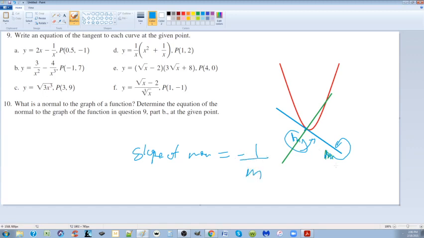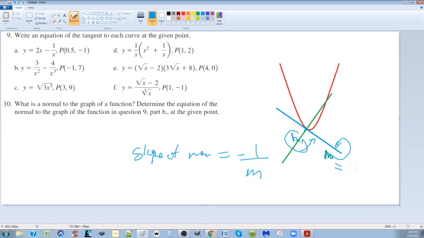And I'll give you an example. Suppose the slope of this blue line was 5. That means the slope of this normal line will be -1 over 5. So essentially the reciprocal of your tangent slope and opposite sign.